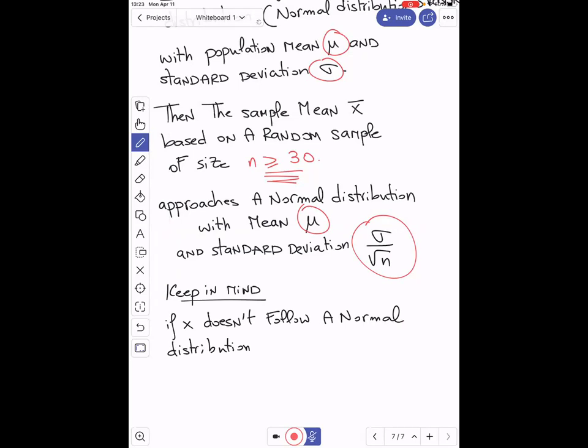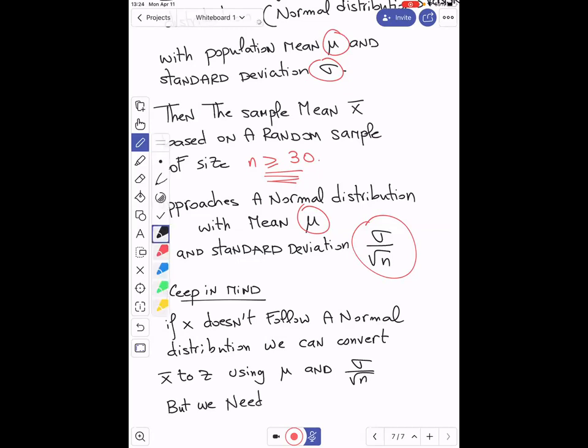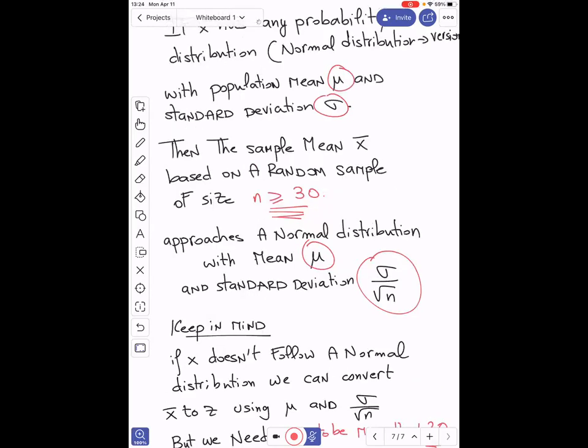We can convert X bar to Z using mu and sigma over square root of n. We only have this restriction on the size of the sample compared to a normal distribution.